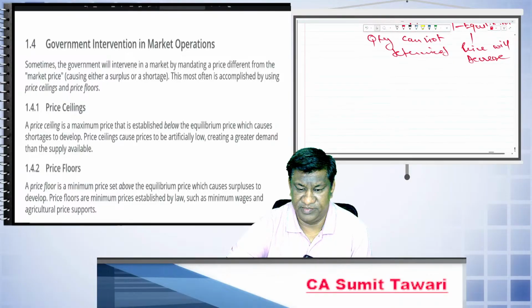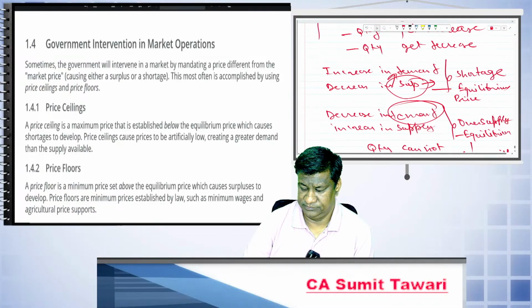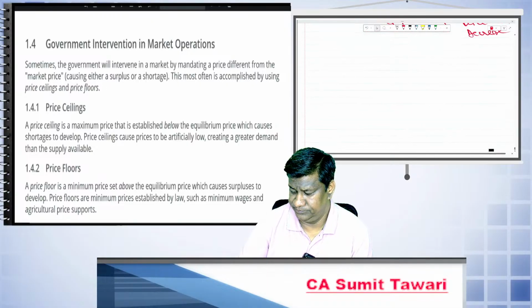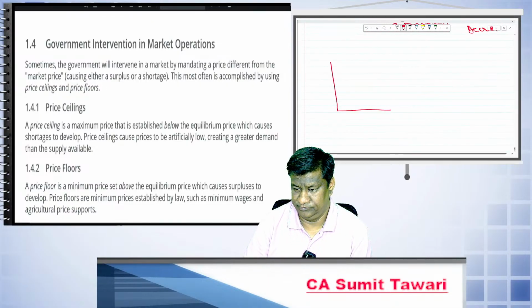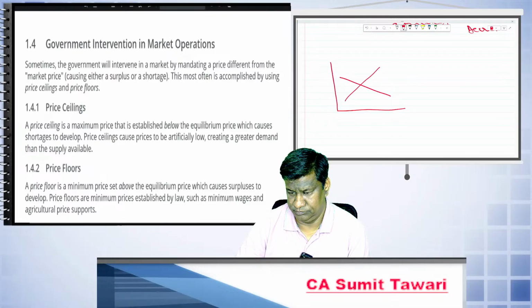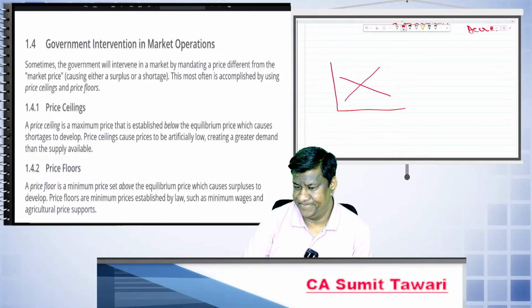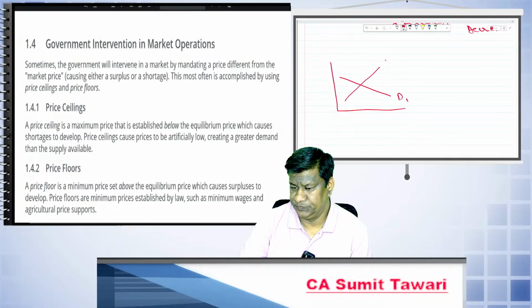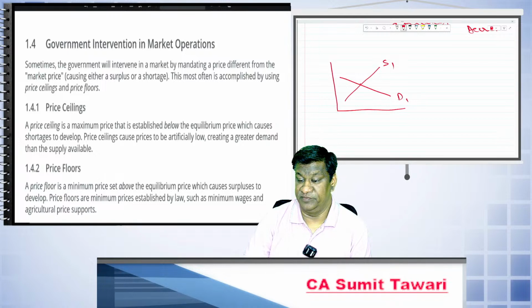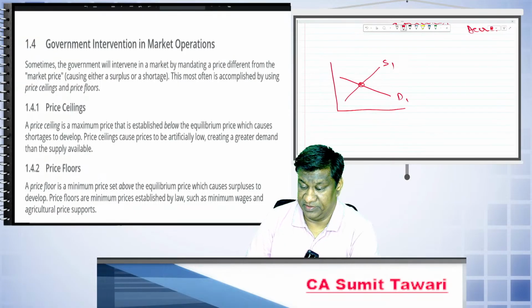Government intervention in the market operation. Okay, so this is my equilibrium price. This is the price where the supplier is willing to sell and the customer is willing to buy.